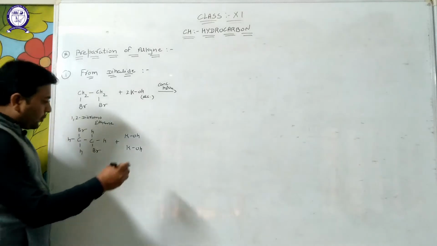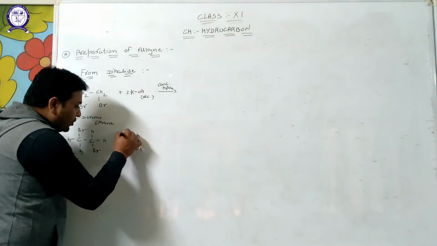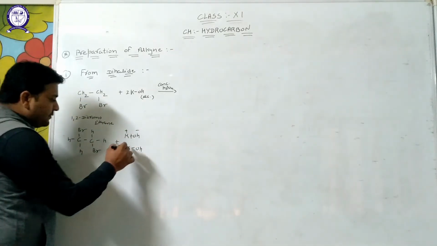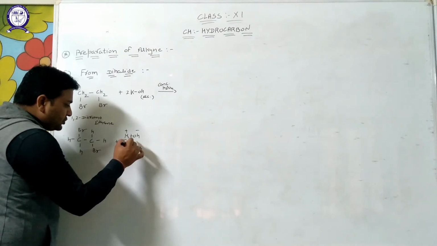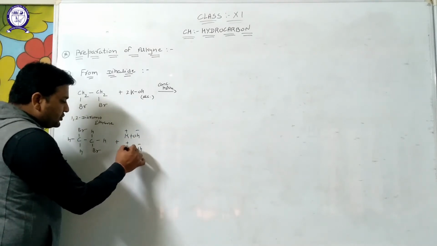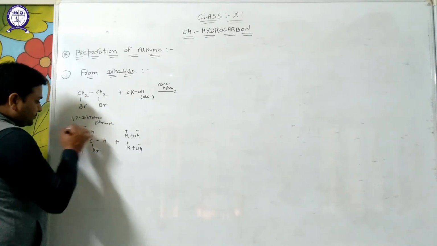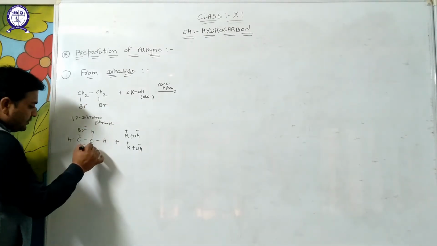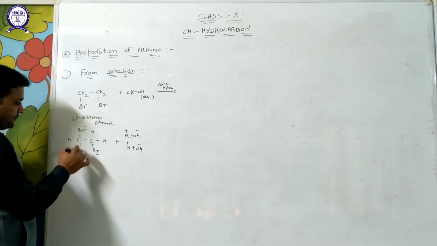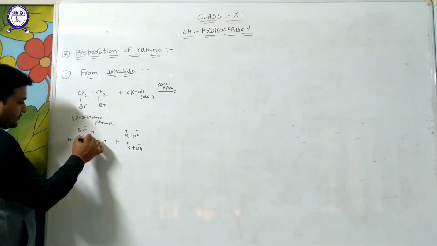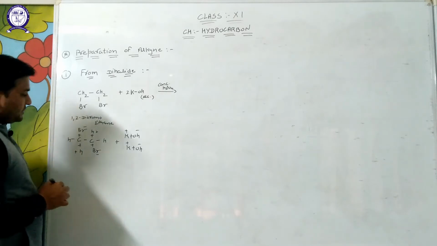Here the charge on potassium is positive and OH is negative. The charge on Br is negative and the charge on H is positive.